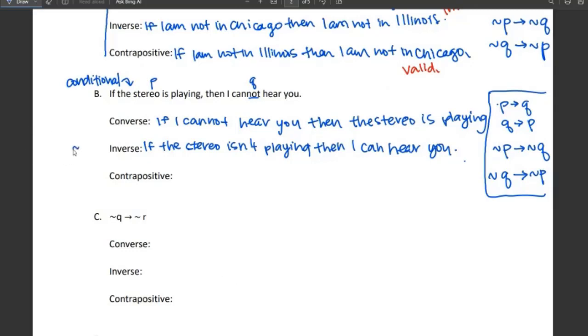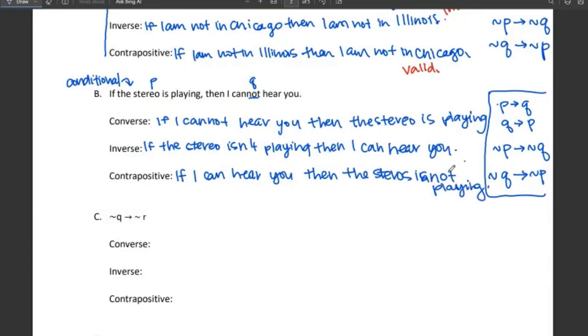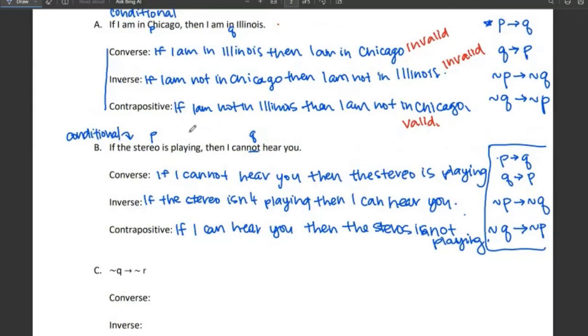So what that would look like is, all right, the contrapositive. We make Q negative and it comes first. So if I can hear you, then the stereo is not playing.